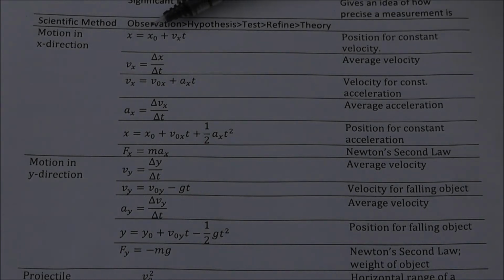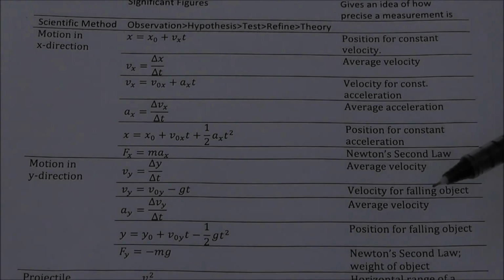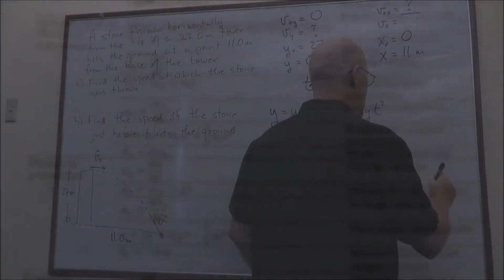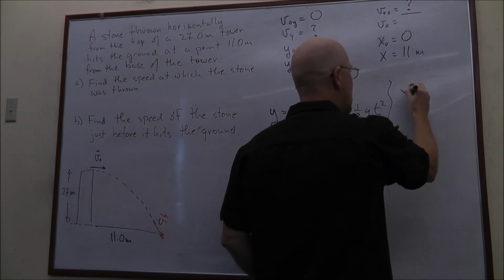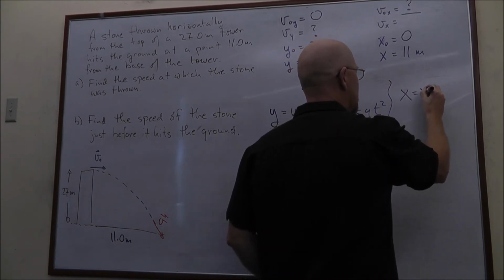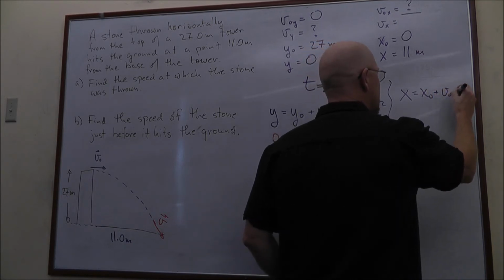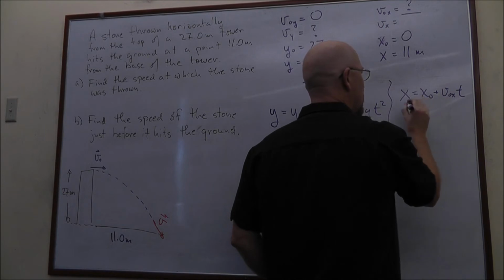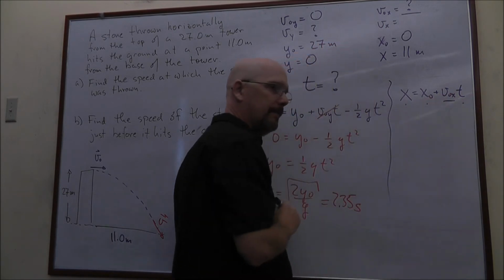We know this, and we know this. So we can use our algebra to solve for the velocity. We see that what we're going to use is x equals x0 plus v0x t. We know it, we know it, we know it. We can solve for that.